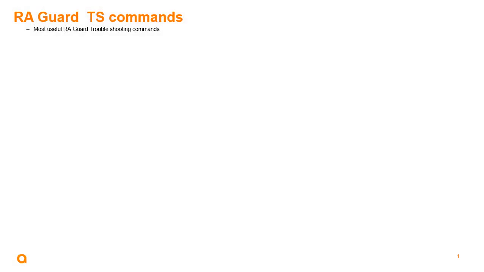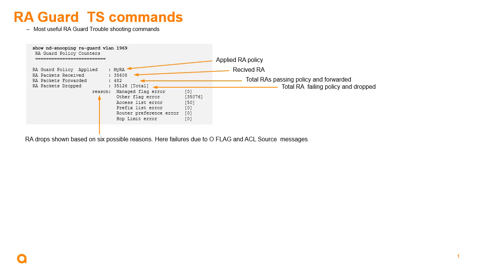Continuing with the RA guard troubleshooting commands, here we see a show ND snooping RA guard for a VLAN. We can see the policy which is applied. We can see the number of packets received, and the number of packets forwarded in terms of RAs. And we can see the number of RAs that were dropped.